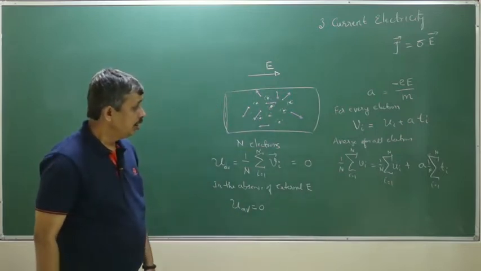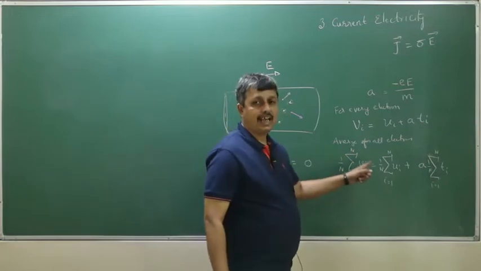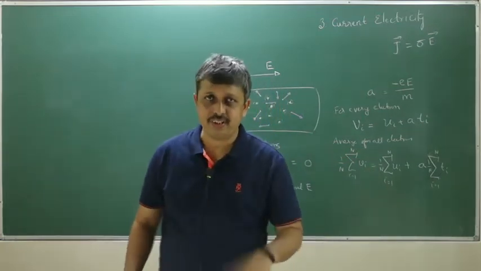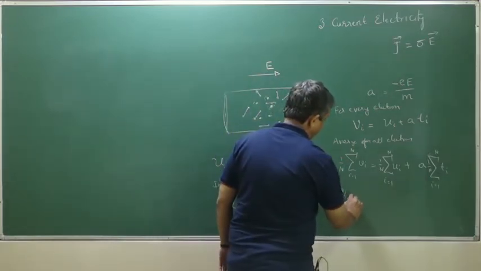So let's look at what this is. This part we will call the drift velocity with E present, the average drift velocity Vd average.